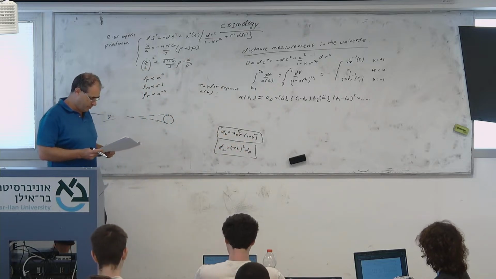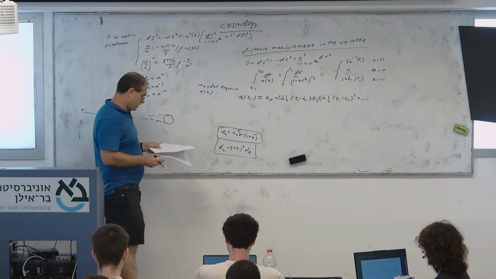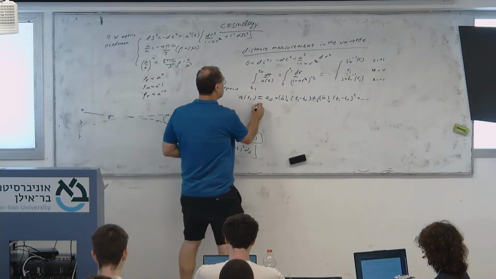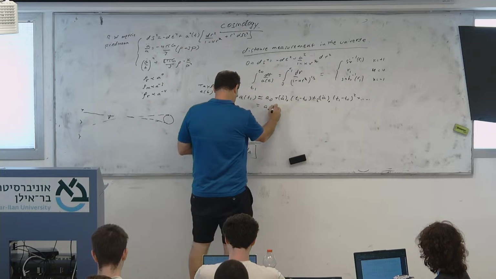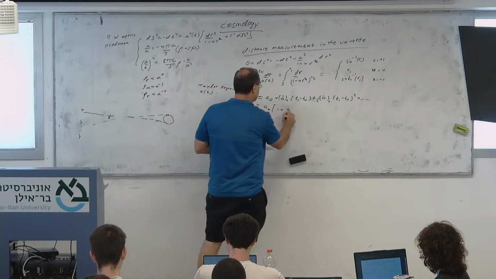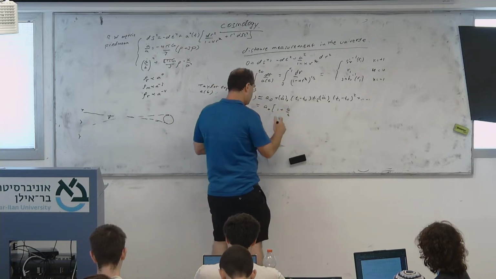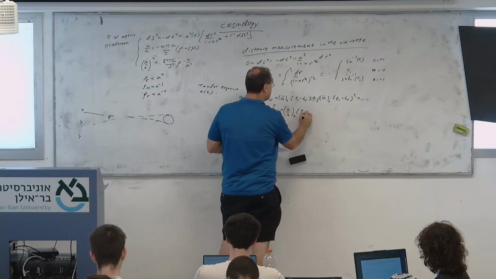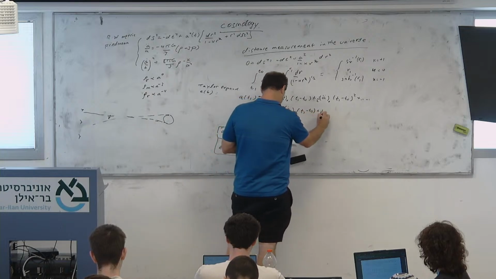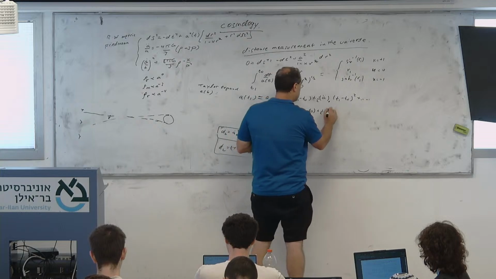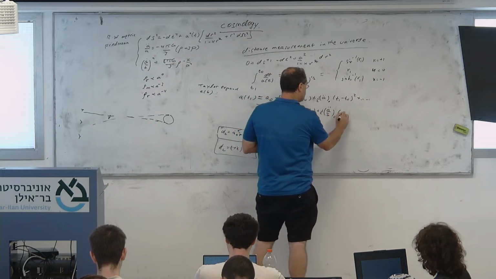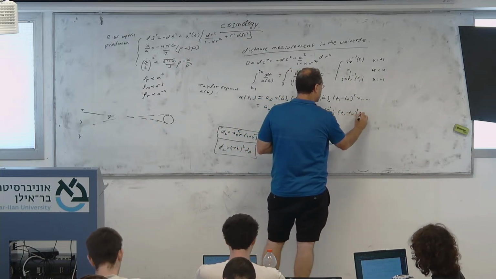Now let's move on. So I said I'm using the Taylor expansion. So I write it as a0 times 1 plus a dot over a at 0 times t1 minus t0, plus 1 half a double dot over a at 0 times t1 minus t0 squared, plus so on.